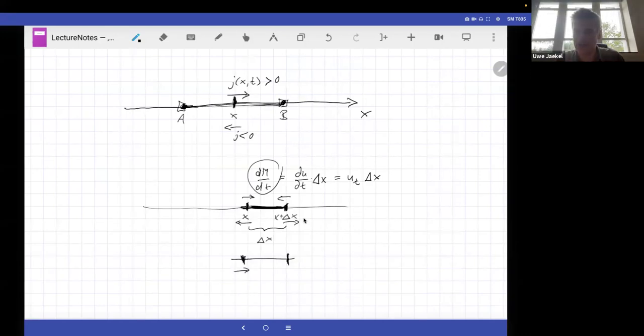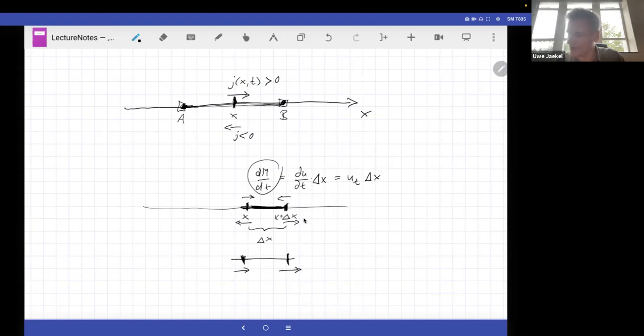That's why we have a positive sign at the left boundary. If we make matter leave on the right boundary, because of our convention, then this will be positive as well.